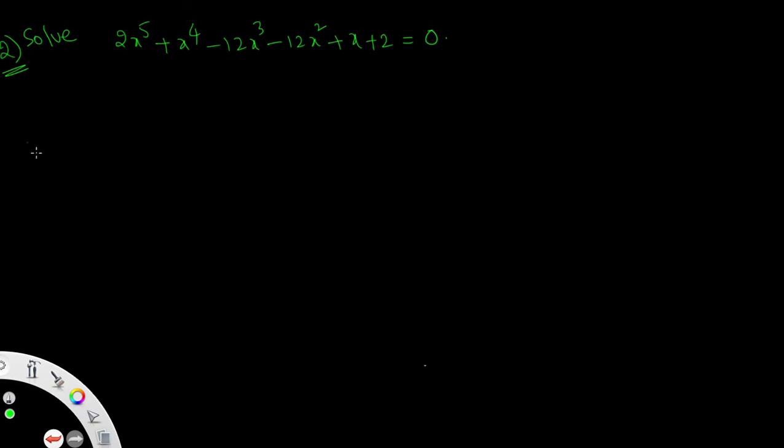Whether it is even degree or odd degree, you can get from the degree of the equation. So here an odd power is there. The given equation is odd degree, with coefficients 2, 1, minus 12, minus 12, 1, 2. The same sign is there, so it is an odd degree class 1 reciprocal equation.